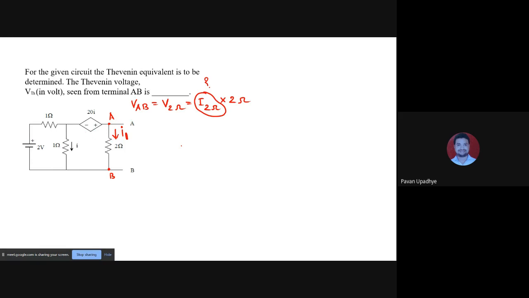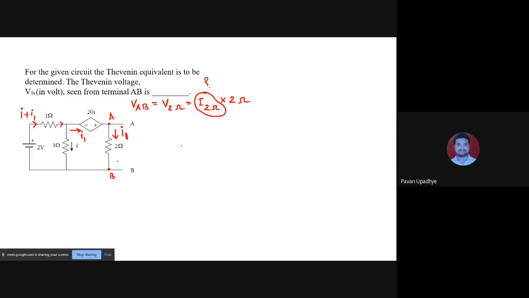Now, if this is assumed to be I1, this I1 must have come from this branch, because no division is happening. The circuit beyond point A is open. Beyond point A, there is no circuit other than the 2 ohm branch. So whatever current is I1 must have come from this branch. So the current over here is I plus I1.